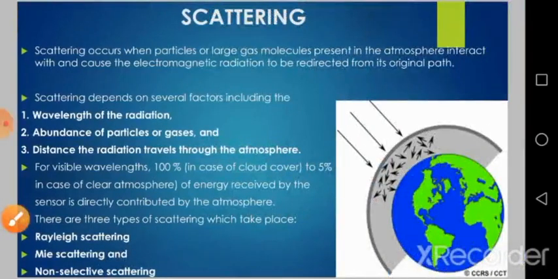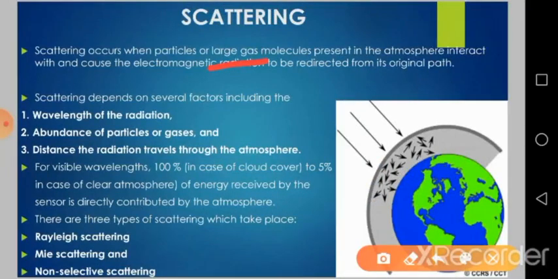Now the scattering. Scattering occurs when the particles or large gas molecules present in the atmosphere interact with and cause the electromagnetic radiation to be redirected from its original path. So scattering in the sense redirected. The incident radiation is going to be redirected by the presence of these gas molecules which are present in the atmosphere.